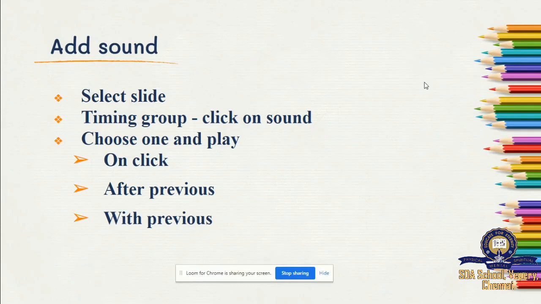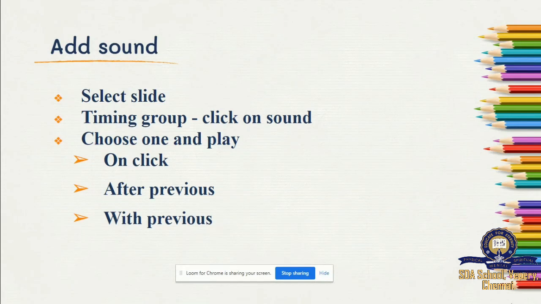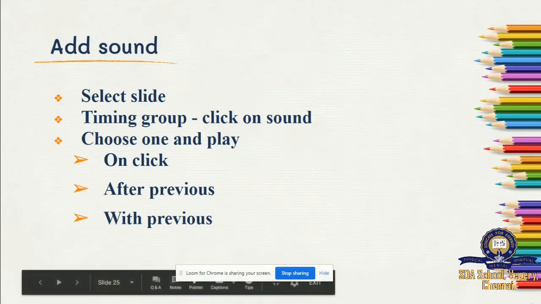All the slides will contain sounds. If you don't want sound also, you can select no sound. In that option sound, if you select sound, you'll get a drop down list and you'll have lots of sounds like applause, arrow, bomb, breeze, camera, all the sounds will be there. If you want, you can select it, or if you don't want, you can just give no sound and apply it to all the slides.